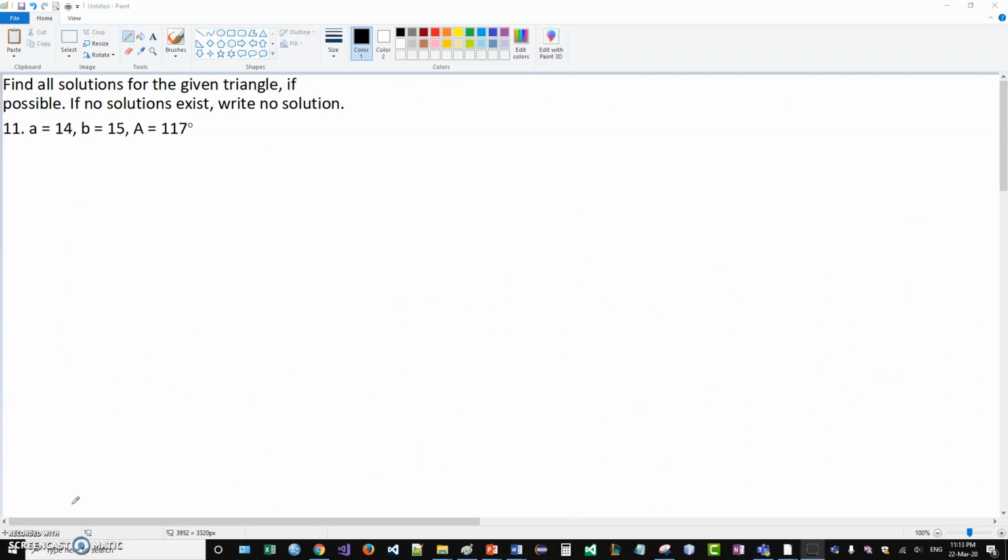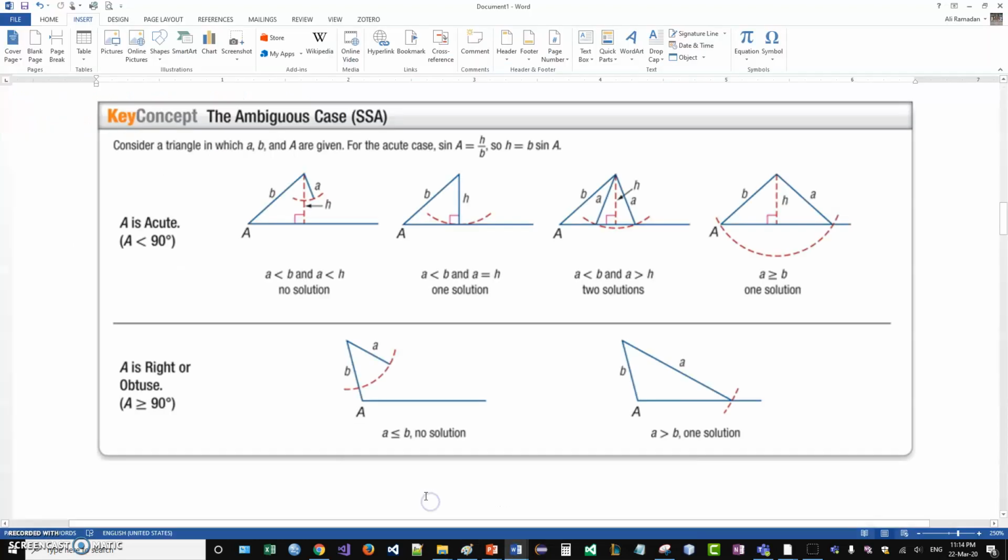Let's look at another example, number 11 from the textbook. We have angle A equals 117, side A equals 14, side B equals 15. So obviously angle A is obtuse and A is less than B because A is 14 and B is 15. Now let's look at the table here. We have an obtuse angle and we have A less than or equal to B. In that case, we don't have a solution.